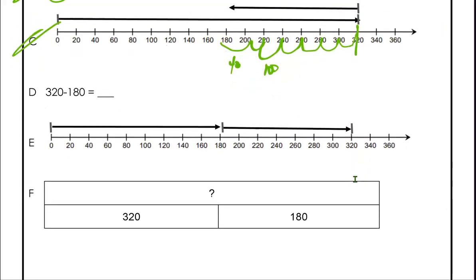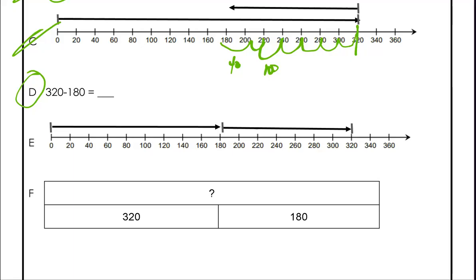D, 320 minus 180. Now we know in subtraction, the total should go in the front. So it is in the front. Minus 180. Correct. Now look at E. E has two lines going forward and they stop at 320, which is our total.